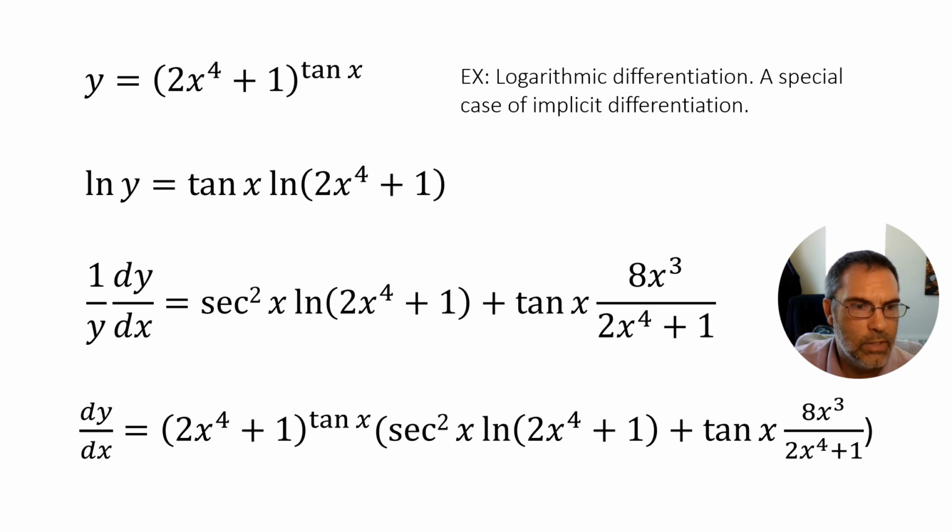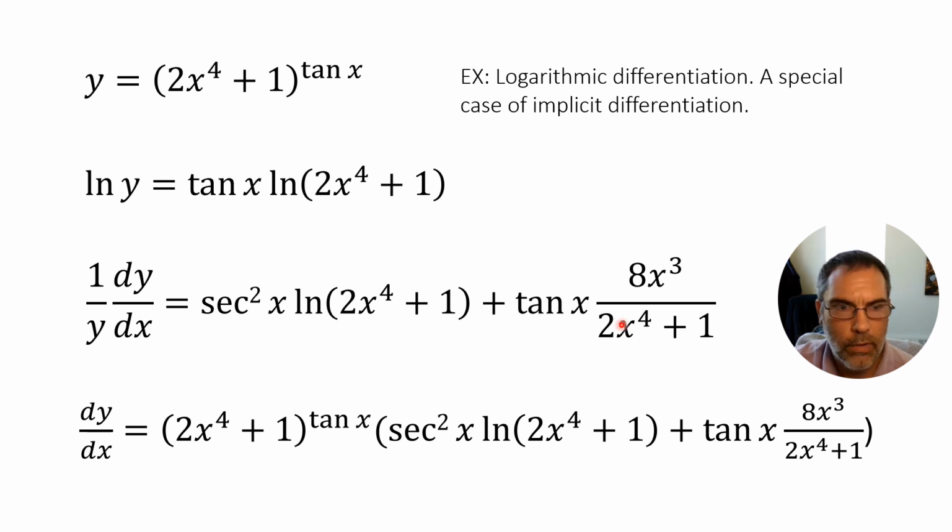So derivative of tangent is secant squared times the natural log 2x to the fourth plus 1. So the first step in the product rule is derivative of this times this. That's this part. Then the next step is this times the derivative of this, and for this natural log expression, we'll need to use the chain rule. We know the derivative of the natural log is 1 over its argument, so like 1 over y, times the derivative of the inside, dy dx.